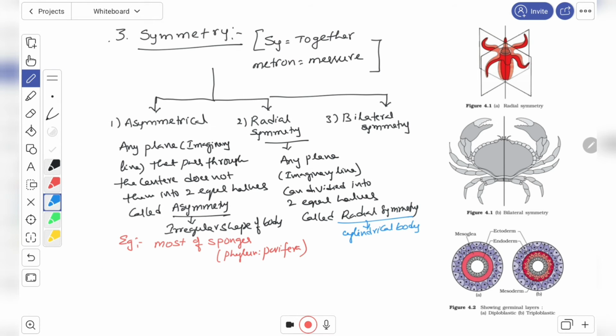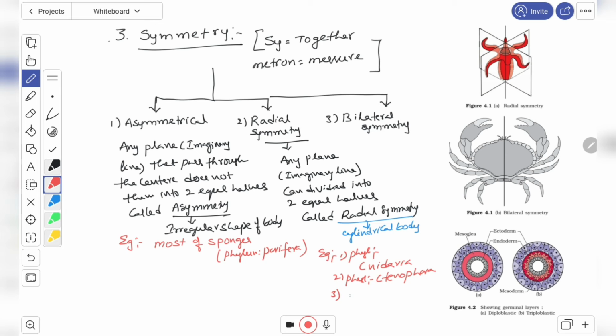Examples for radial symmetry: first one, phylum Cnidaria. Second one, phylum Ctenophora.